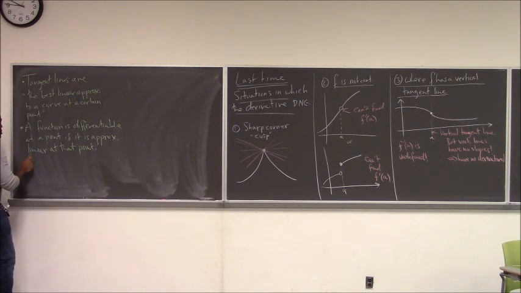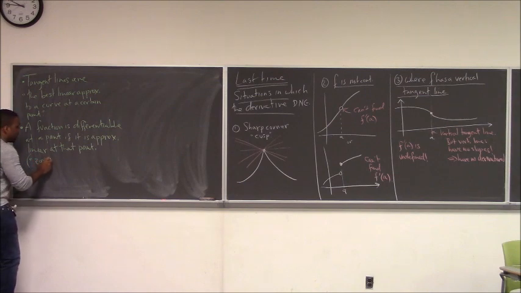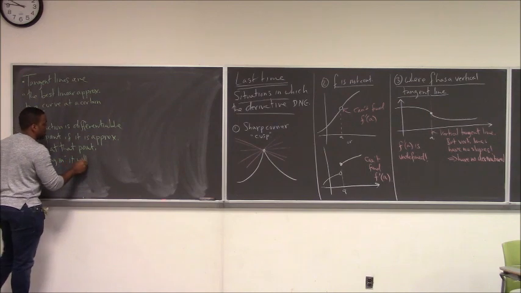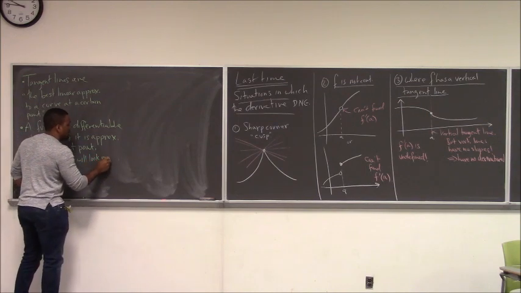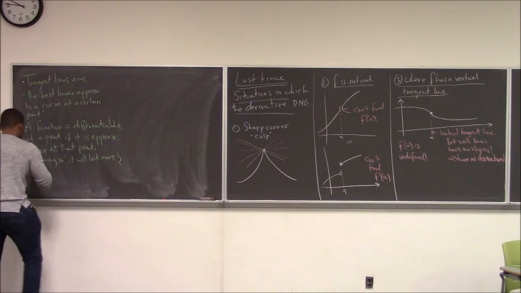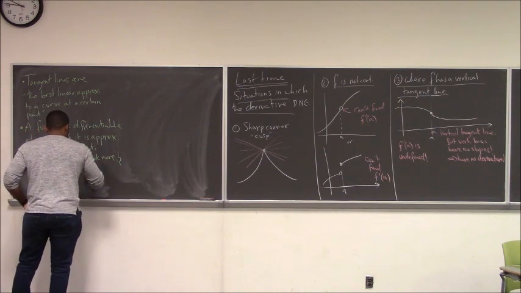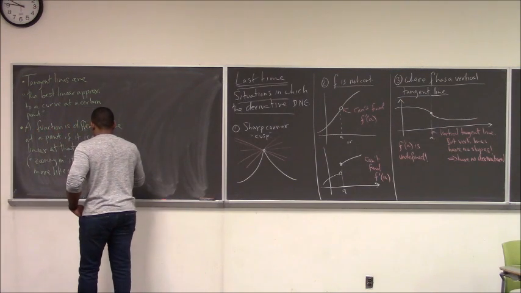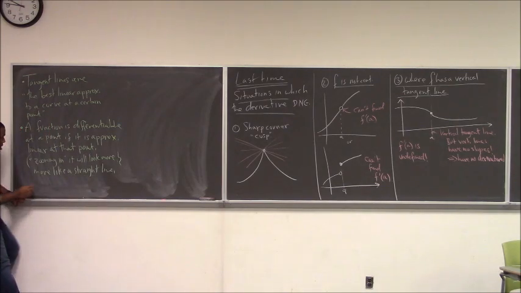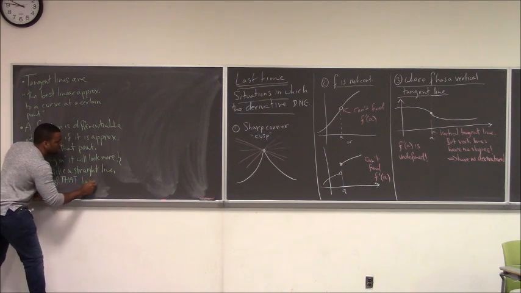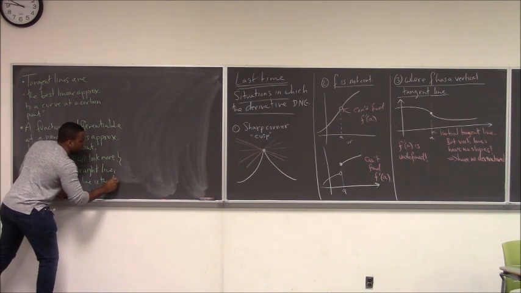I.e., for lack of a better phrase, zooming in, it'll look like a straight line. And the slope of that particular straight line that it looks like when you start zooming in is the derivative at that point.